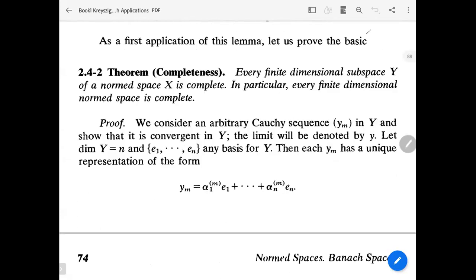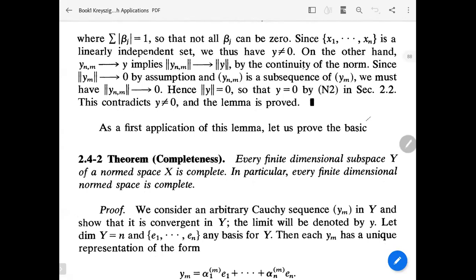So the next result, I will discuss the proof of this lemma in the next class.